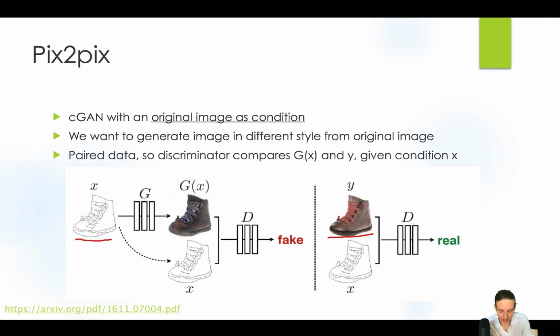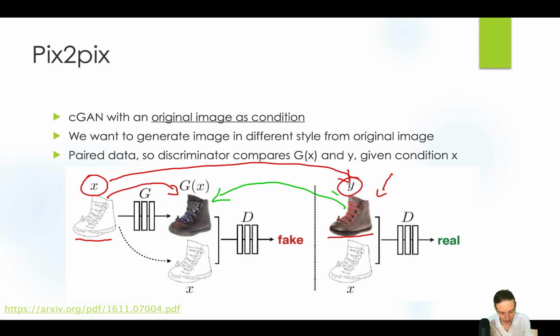So the idea is we want to go from X to Y. This is the label that you have. We have a generator that will attempt to generate a real-life example. And then we have our discriminator, which will see if it's distinguishable as a real example or not. The condition here is the actual original input image, X.